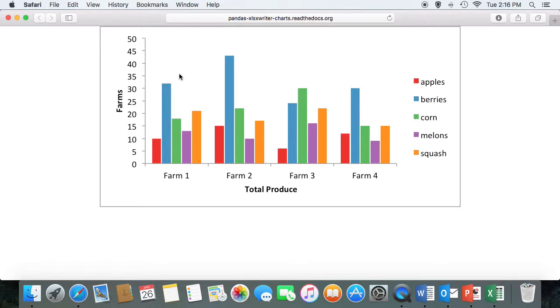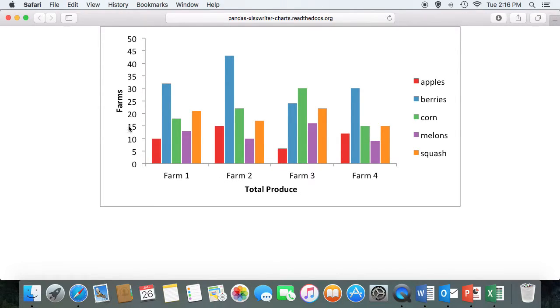And that would probably average across each of those as the most common type of fruit produced across all of those farms. A little bit different here for farm 3, however. For farm 3, the most common type of vegetable or fruit is corn. Could just be that maybe they had a bad season for berries, or the majority of the fruit they've always produced has been corn. We can interpret these graphs in different ways.